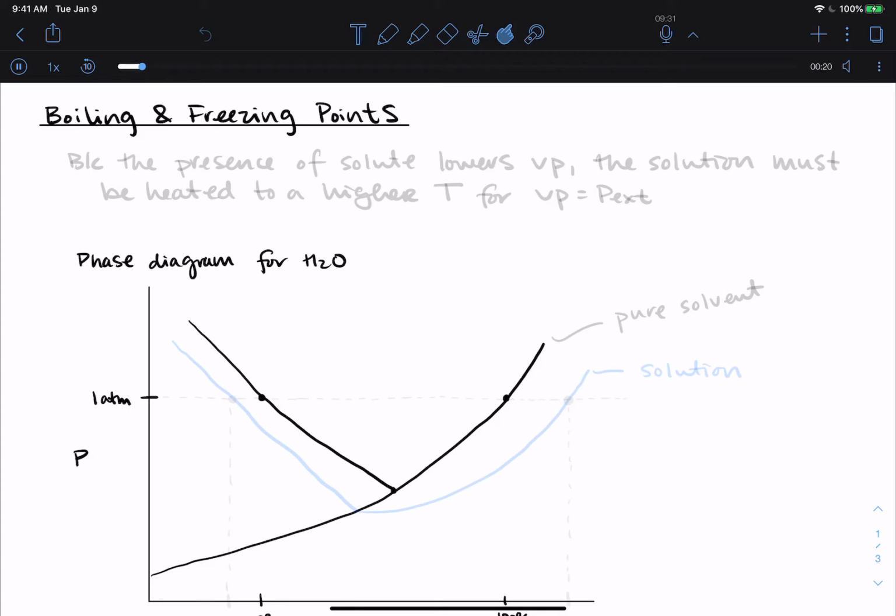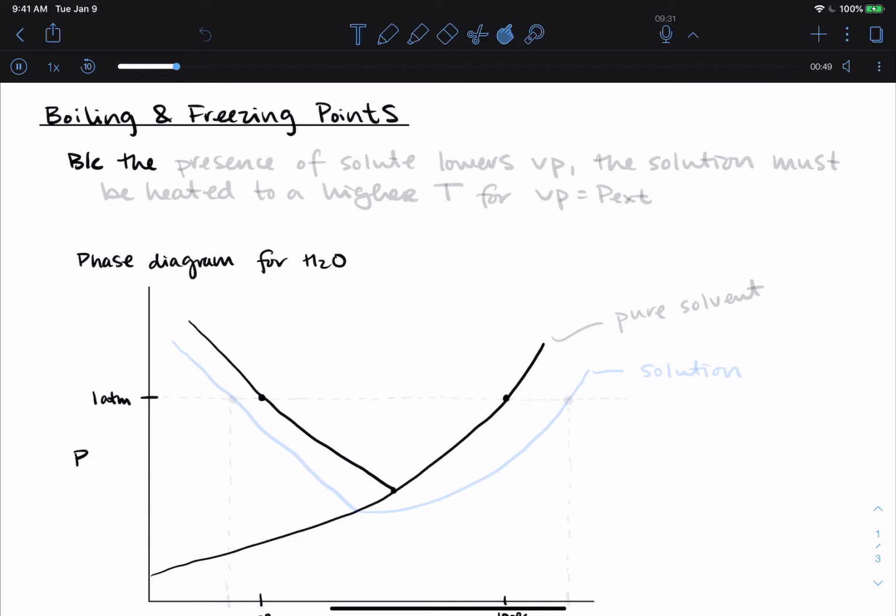So if we just think about our definition for boiling point, if you remember from an earlier chapter, the boiling point was when we get the vapor pressure to equal the external pressure. So what happens when you have a solution is that the solute, which we actually just did this calculation, the presence of the solute lowers the vapor pressure.